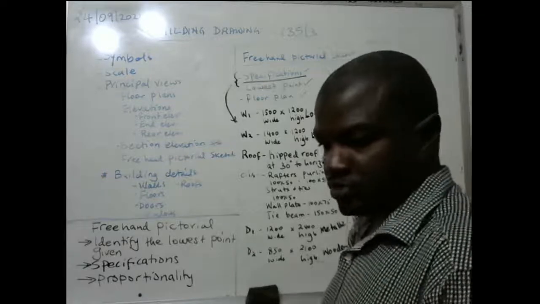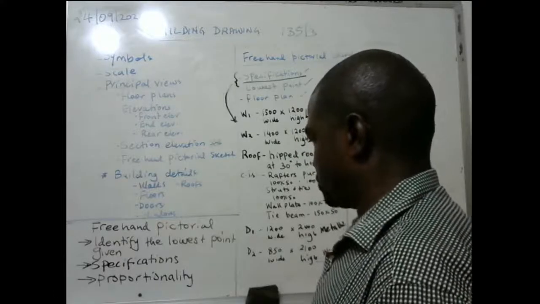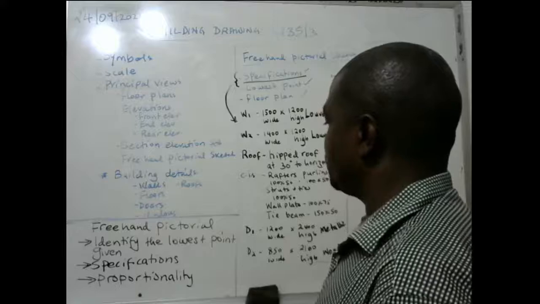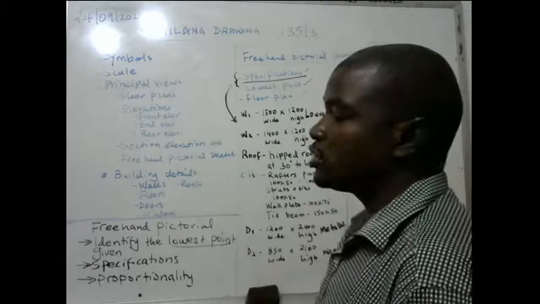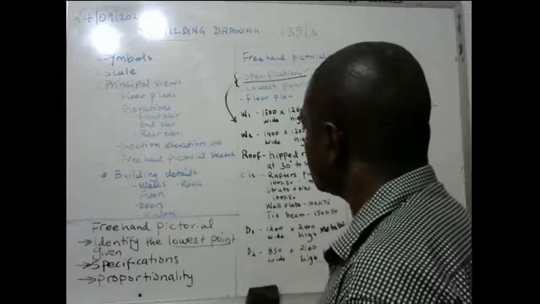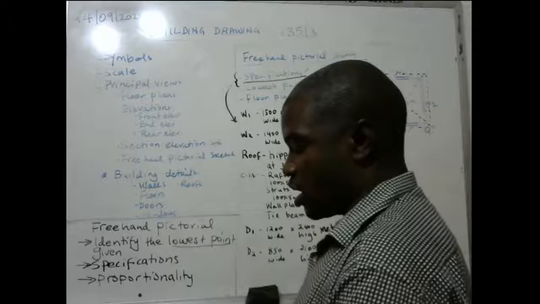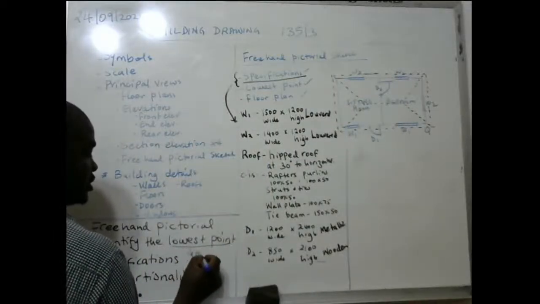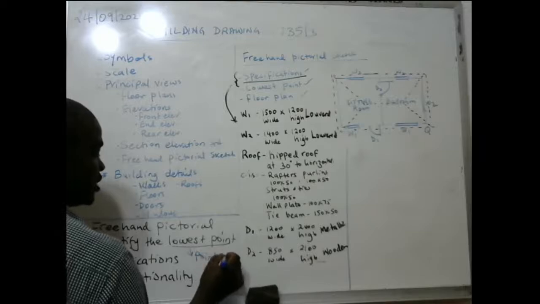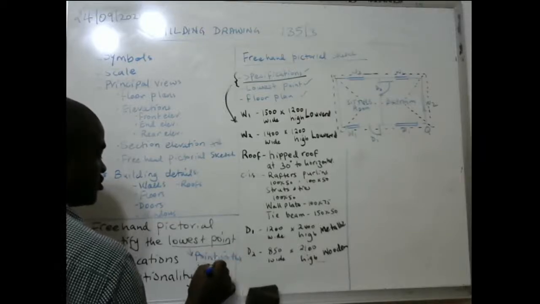So, when we begin drawing the freehand pictorial, you begin from what we have given as the lowest point. This lowest point, sometimes it is called the lowest point, or it can be called the point in the foreground.